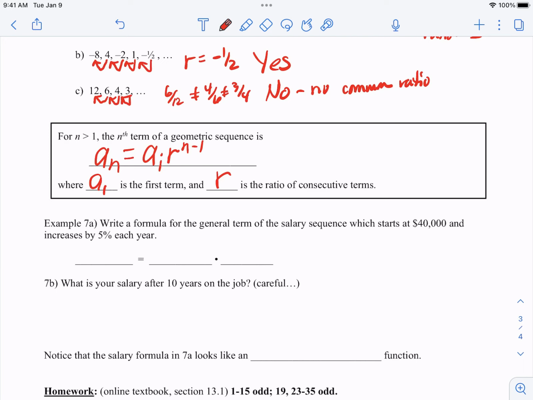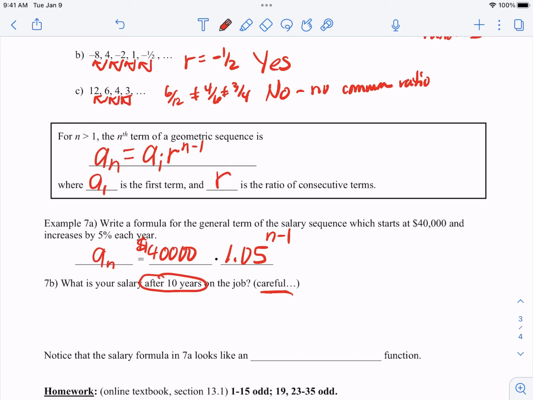So if we're going to write a formula for that salary problem, the nth term is going to be the initial salary, $40,000, times the common ratio. If they're getting a 5% raise every year, the common ratio is 1.05. And we always raise that to the n-1 power. So there's the formula.